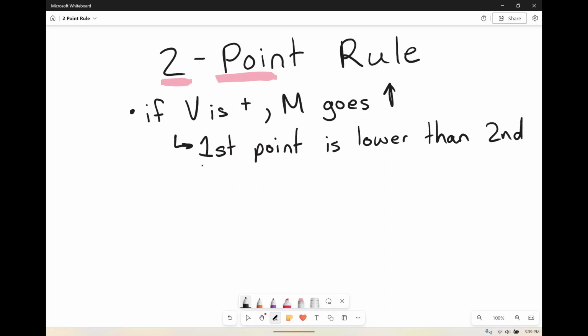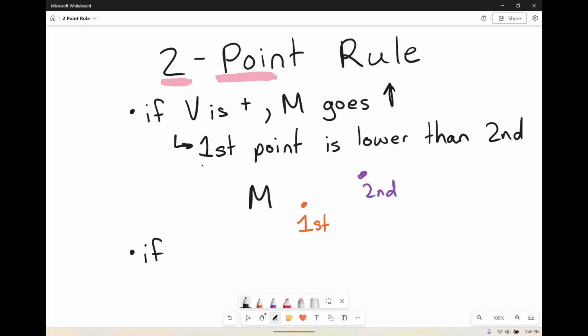Because if moment's going up, that means for moment, our first point on the graph is lower than our second point. So this is our first, and this is our second. And obviously, in order to go up, the second one has to be higher than the first.